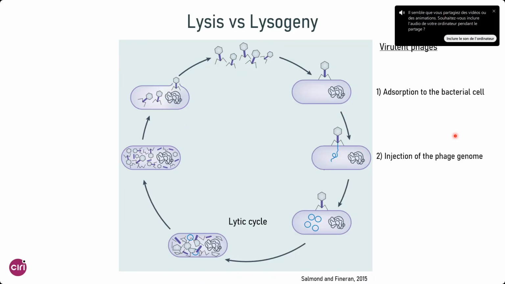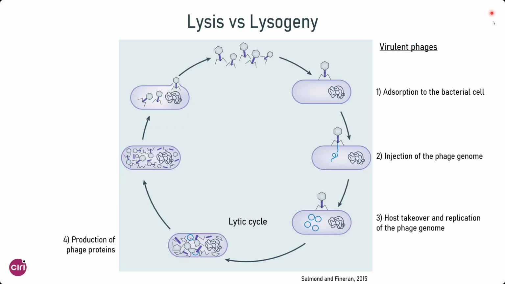This DNA starts expressing the first early genes, which include genes that allow phages to take over the host, typically by blocking host processes. At this stage, the bacterial cell becomes basically a factory for the production of viral particles.